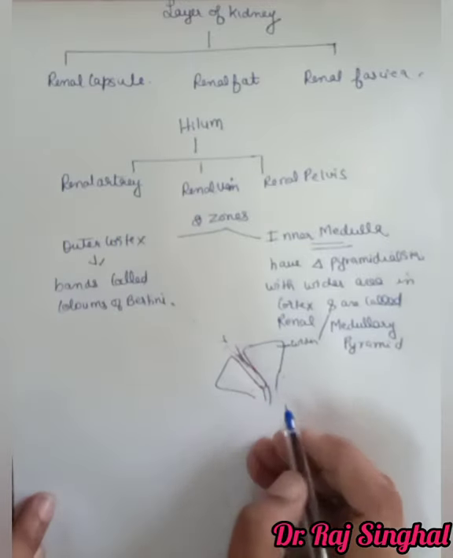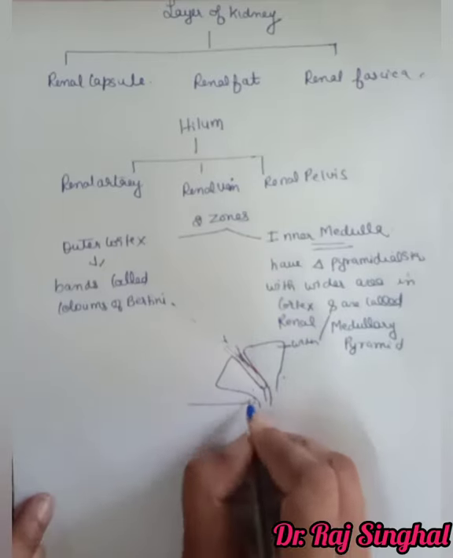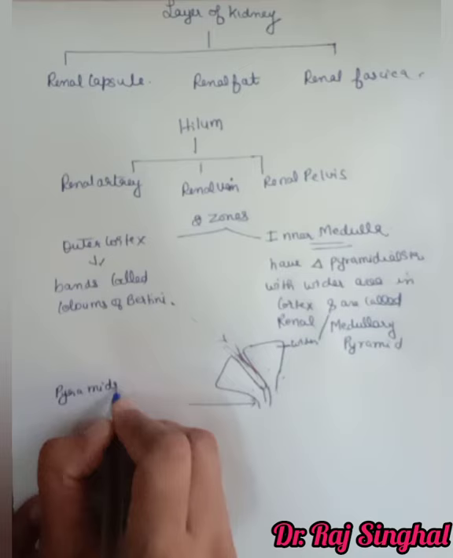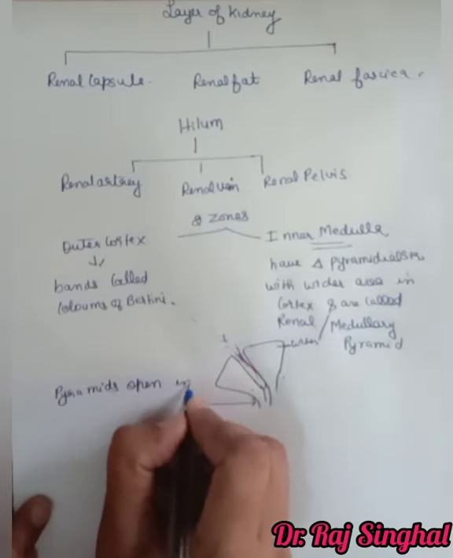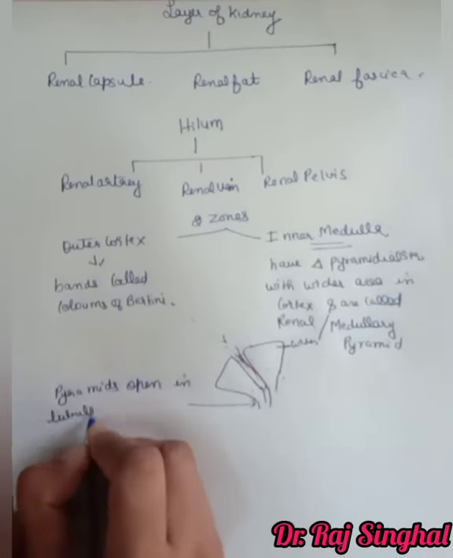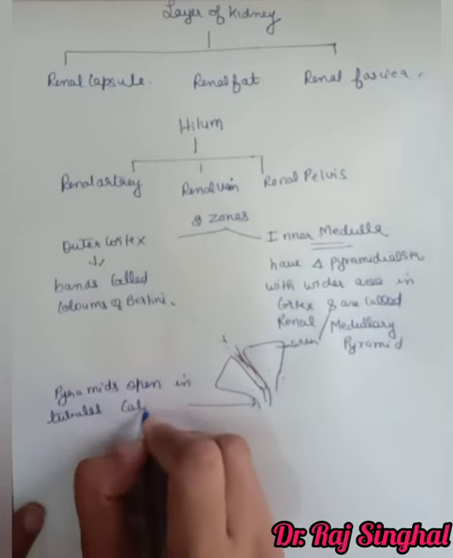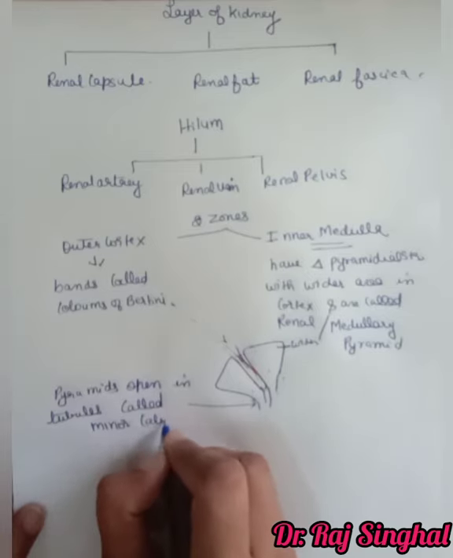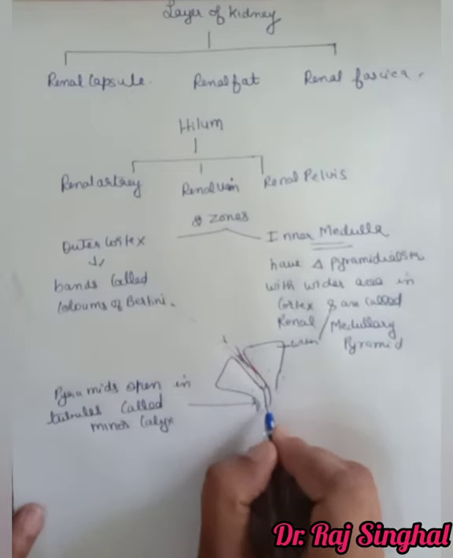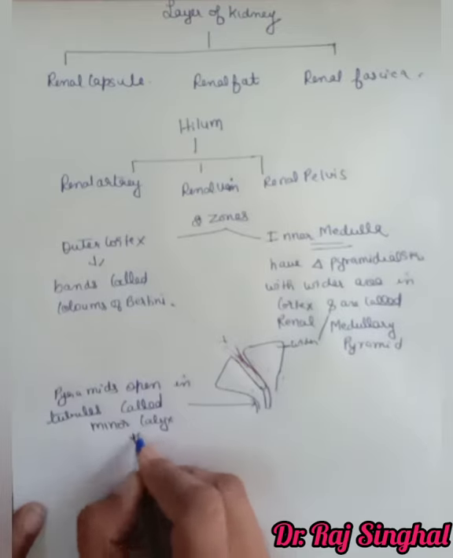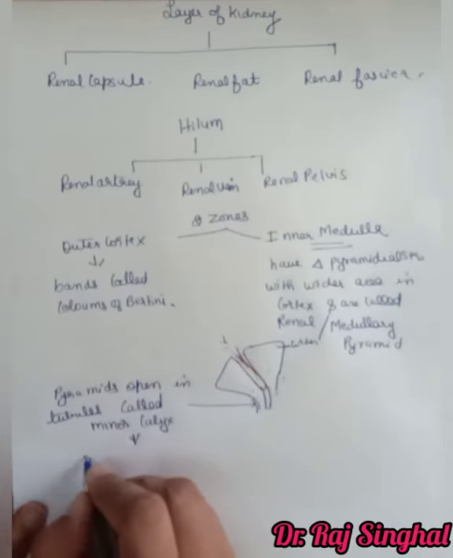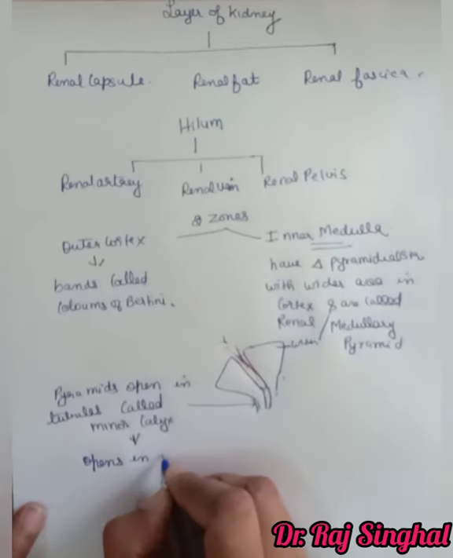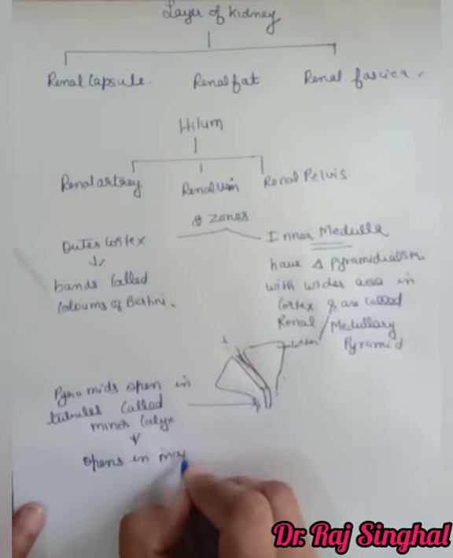These pyramids open in tubules called minor calyx. This part is the minor calyx. The minor calyces combine and open in a broad area called the major calyx.